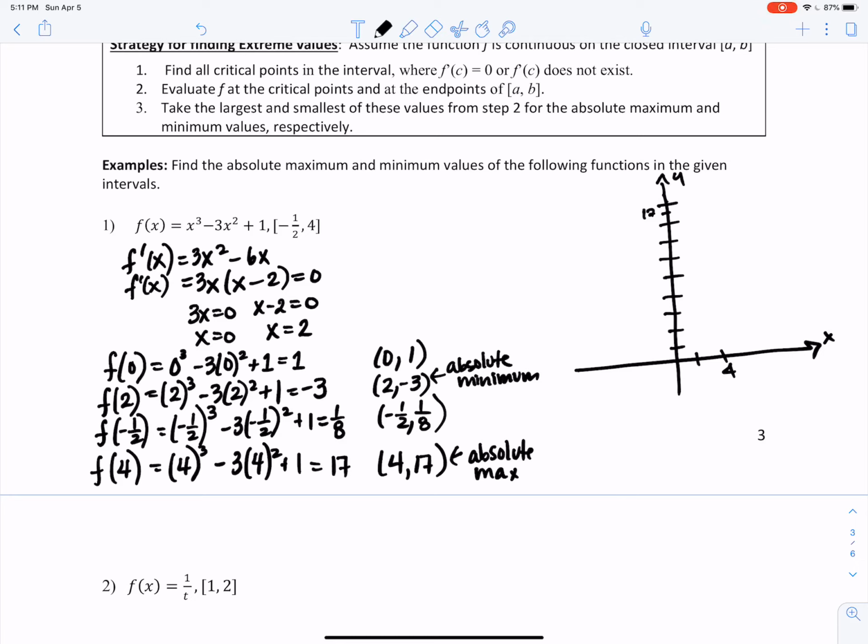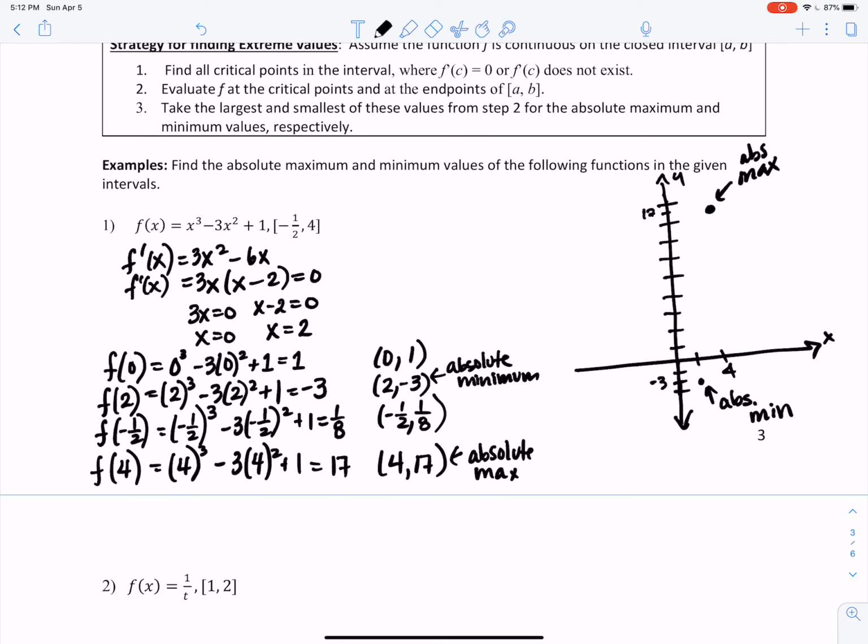So when x is 4, my y value is 17. This is my maximum value of my function on the interval negative 1/2 to 4. And when x is 2, I have a negative 3. This is my absolute minimum value.